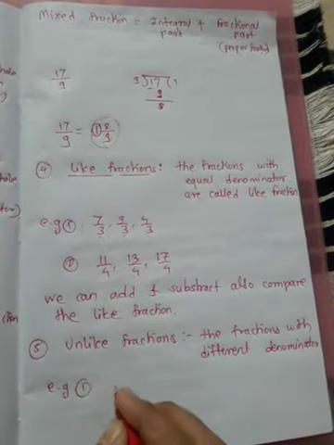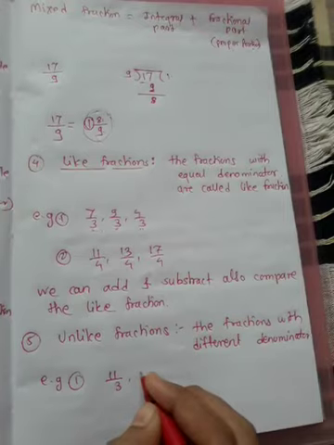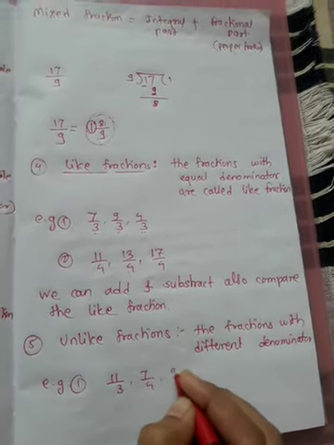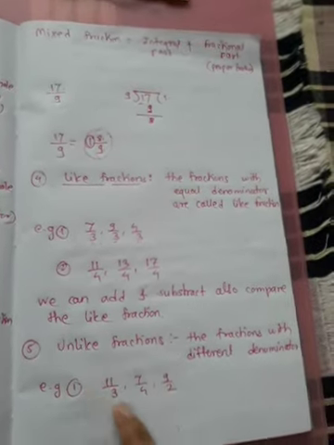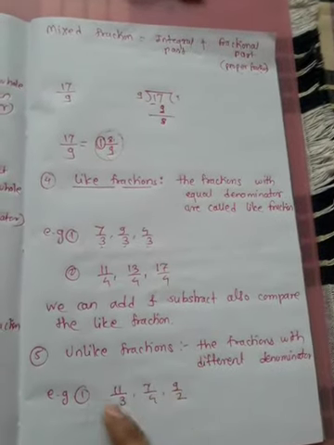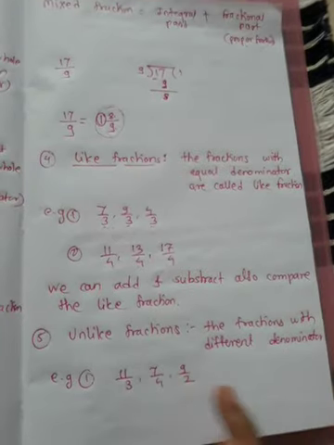Like fractions means fractions with equal denominator. For example, I take 11 by 3, 7 by 4, 9 by 2. See, the denominators are not the same, so these are unlike fractions.